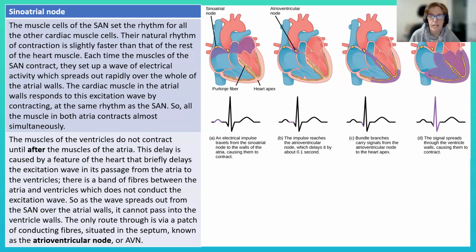making sure that the ventricles don't contract just from touching the atria. So the atria contract to get the blood into the ventricles, but we don't want the ventricles to contract from the top down. We need them to contract from the bottom up. There's a brief delay in the conduction from the atrial cells to the AV node, the atrioventricular node.